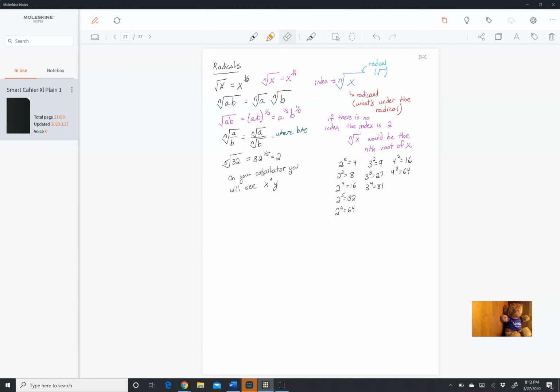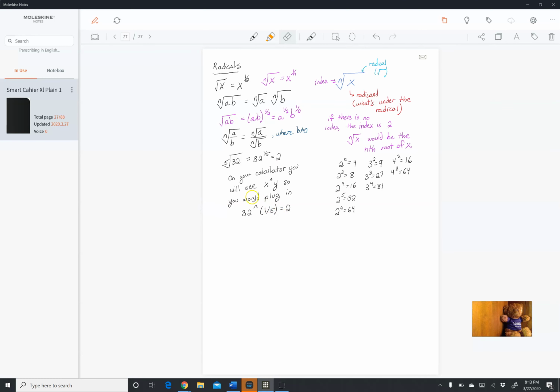And this is where knowing that this is 32 to the 1/5 is helpful. Because you would input 32 to the 1/5. So this is just on your calculator.